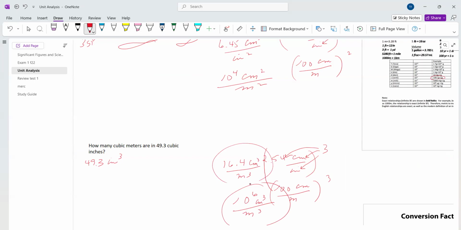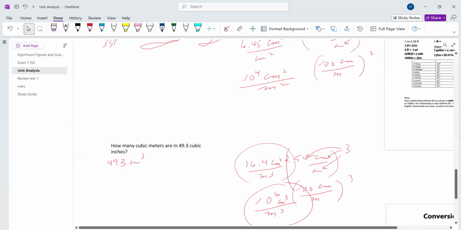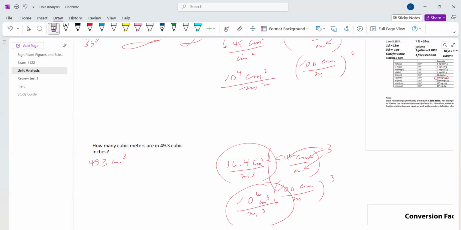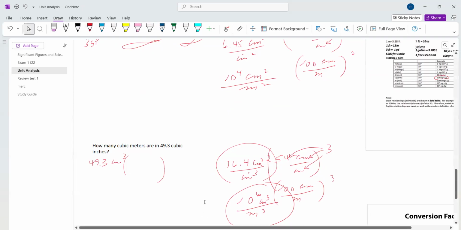Okay. So we need to have the cubic inches. Yeah, the cubic inches need to cancel. And I'm going to officially run out of room here.